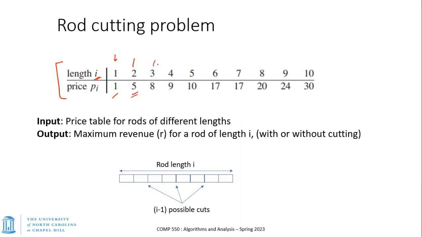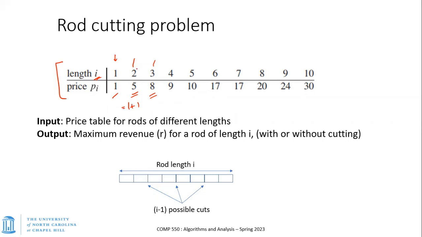If you have a rod of size 3, then it gives you somewhat better results as well, okay? So it's clearly not equal to the sum of its individual components. So if you took a rod of size 2 and cut it up into 2 smaller parts, each of them individually would only give you $1 each, all right? So that would only fetch you $1 plus $1, that would be $2.